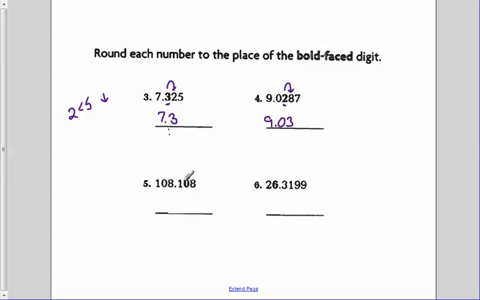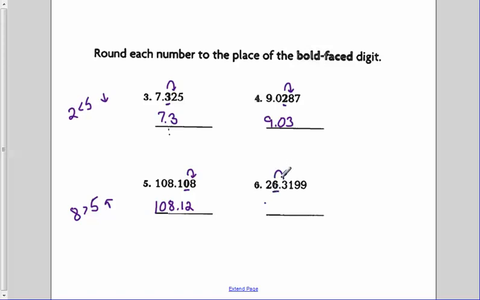Now we have our 0 is what we're rounding to. So we look to the digit to the right. We have an 8. So this would be 108 and 12 hundredths, because the 8 is greater than 5. So that means we round up. And for this last one here, we have 26, and that 6 is what we are rounding to.